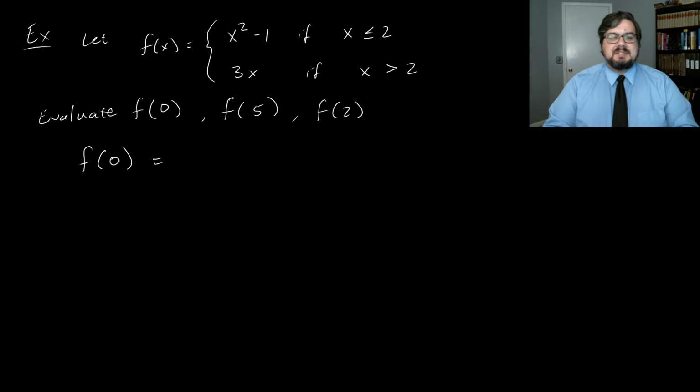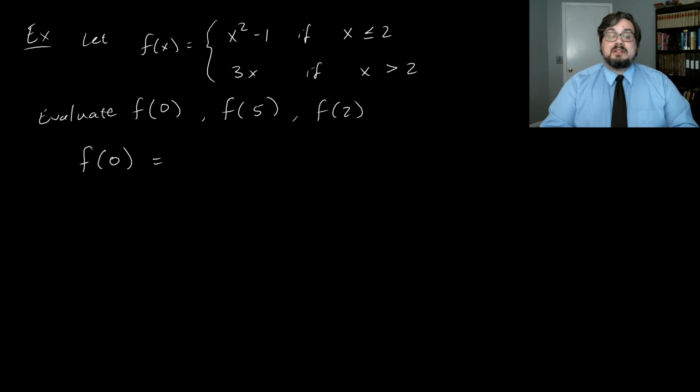If we want f of 0, then the first thing we need to do before plugging in anything is figure out which of the formulas we're going to apply. And so we look at the conditions on the right. We say, is x less than or equal to 2, or is x greater than 2? Well, in this case, our input is 0, and 0 is less than or equal to 2.